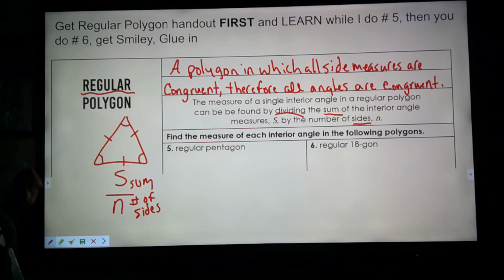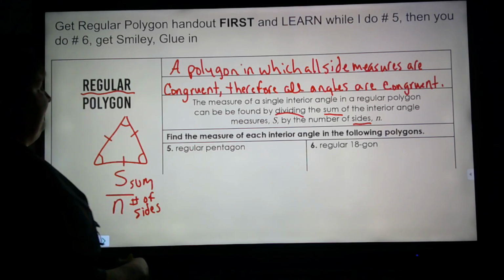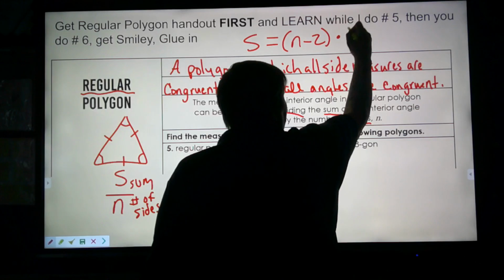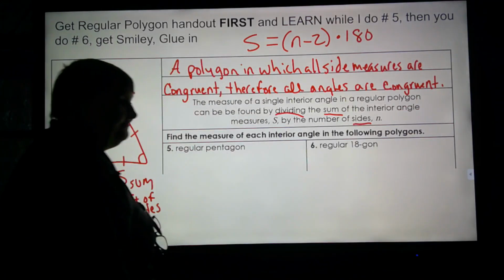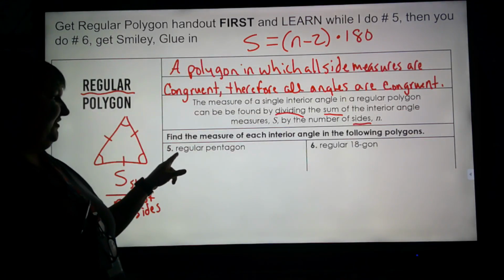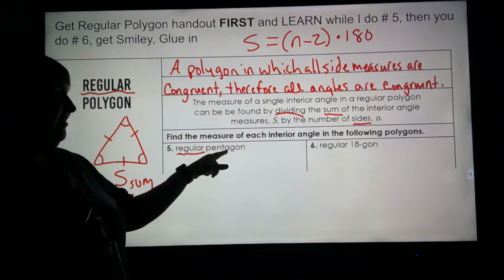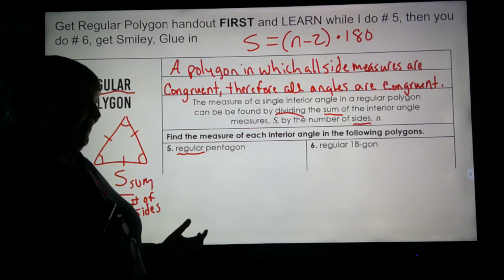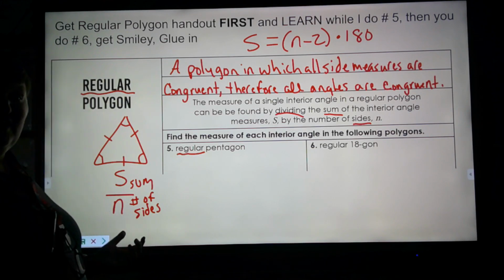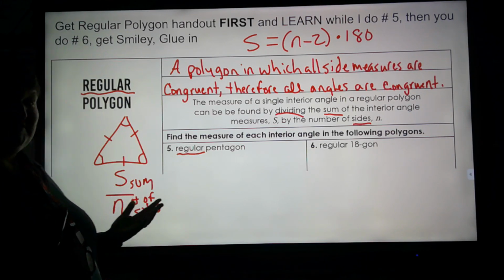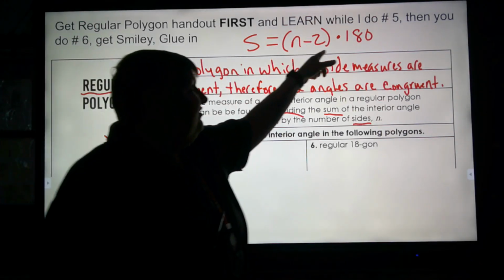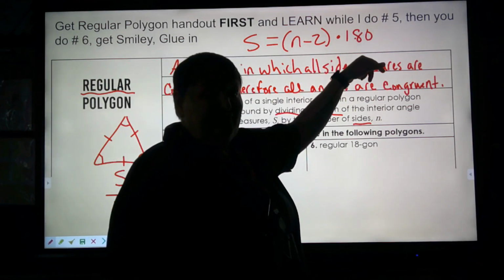So you have to remember how to find the sum. The first formula we did, right? Our first formula, the sum, is n minus 2 times 180. It says regular, that's our key word, pentagon. So what do we know about a pentagon? Good thing it's in our chart, right? A pentagon has 5 sides, which means it has 5 minus 2, 3 triangles. 3 times 180 is 540.